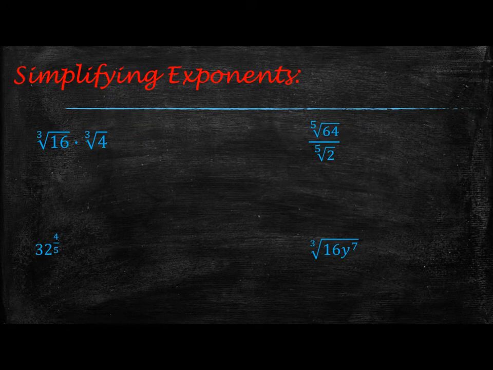Okay, let's review a little bit on simplifying radicals. In this first example, we have the cube root of 16 times the cube root of 4. What I can do here is combine them under one radical. So the cube root of 16 times 4. I'm not going to multiply them together for a specific reason.